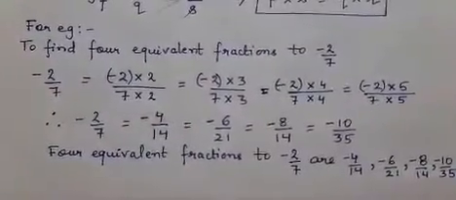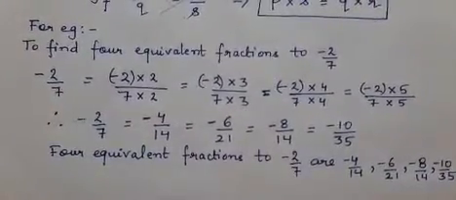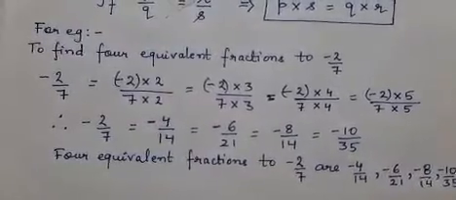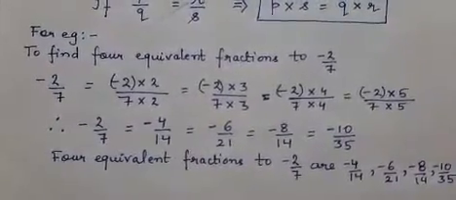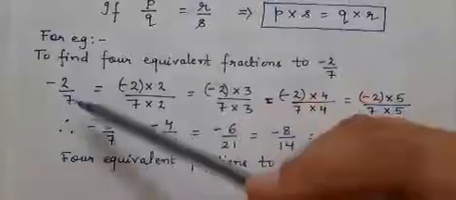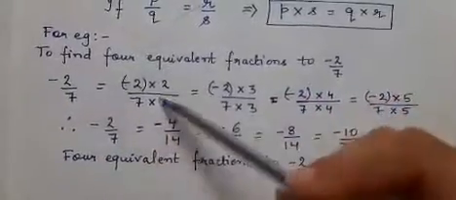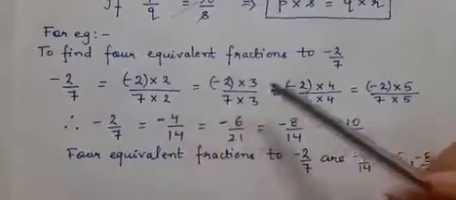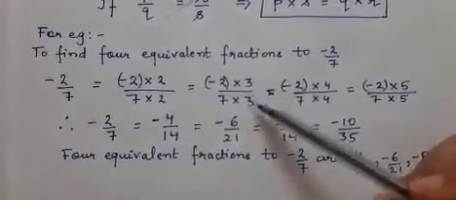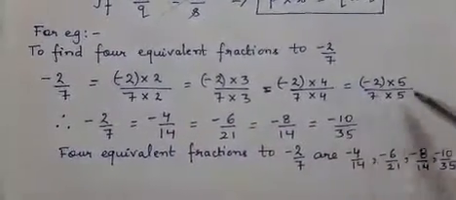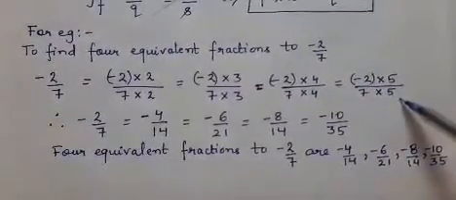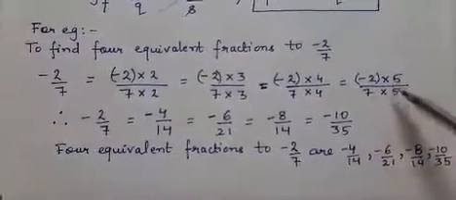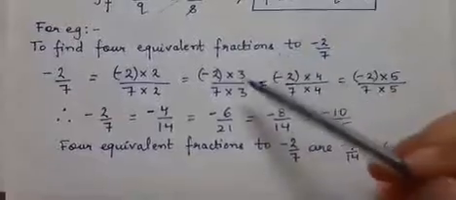For example, to find four equivalent fractions to minus 2 upon 7. So minus 2 upon 7 is equal to minus 2 upon 7 into 2 upon 2, into 3 upon 3, into 4 upon 4, into 5 upon 5. That means we are multiplying the same number in the numerator and the denominator.